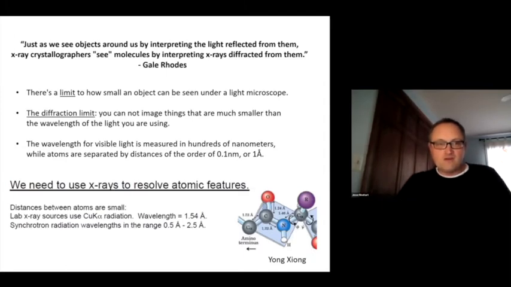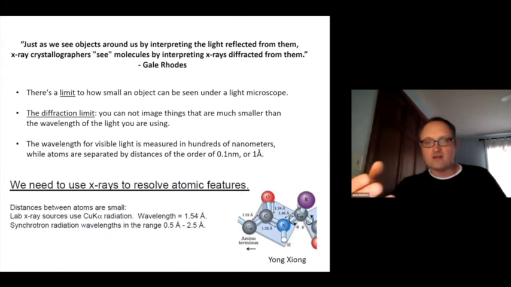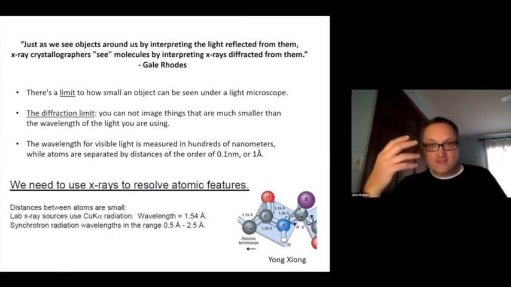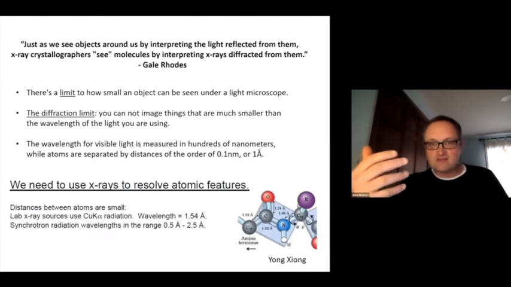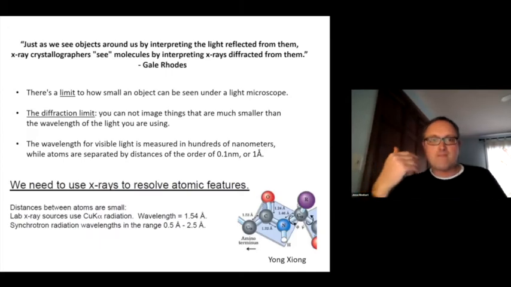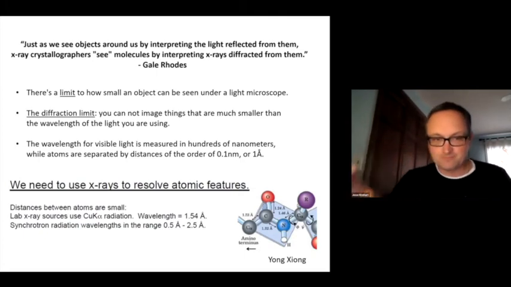One very simple thing is that it's impossible for us to just see a macromolecule. Okay, so as you know, our eyes use visible light, and even microscopic techniques, especially light microscopy, use light. But the problem is that there's a limit to how small you can see things with regular visible light.